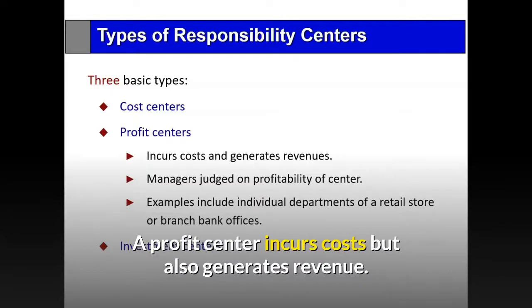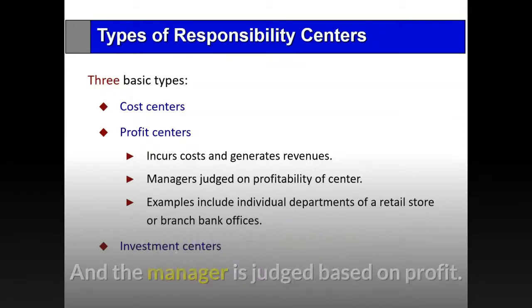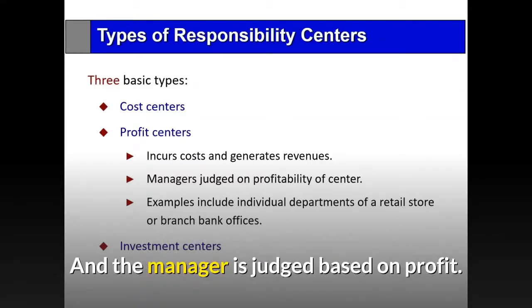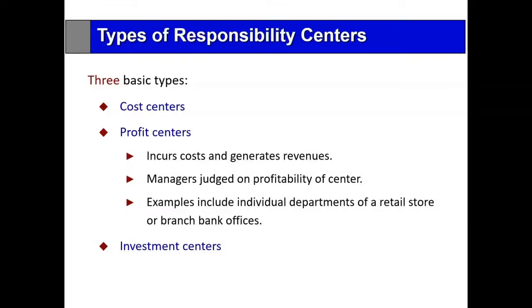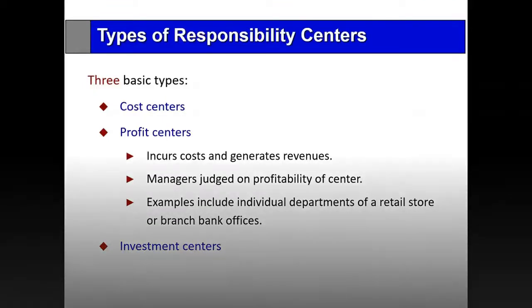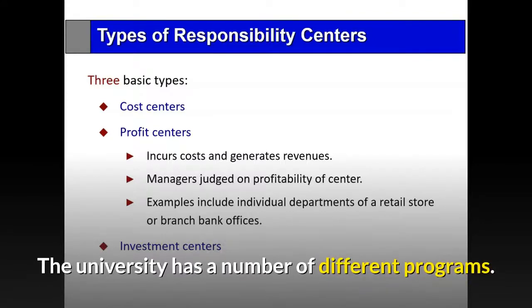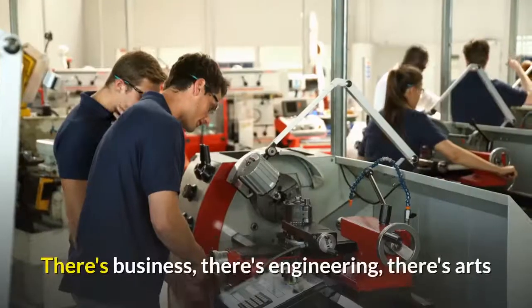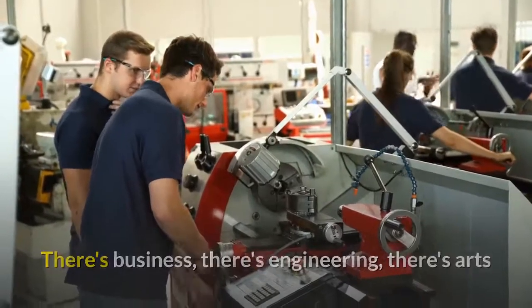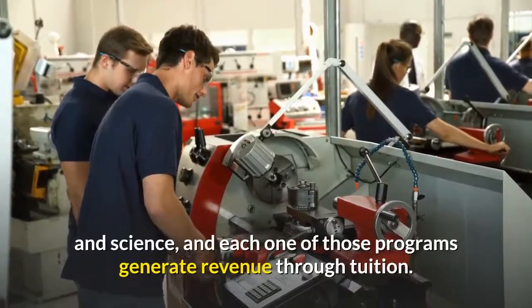A profit center incurs costs but also generates revenue. And the manager is judged based on profit. We're going to match revenue against costs. And in a university, you might say, well, wait, the university has a number of different programs. There's business, there's engineering, there's arts and science.